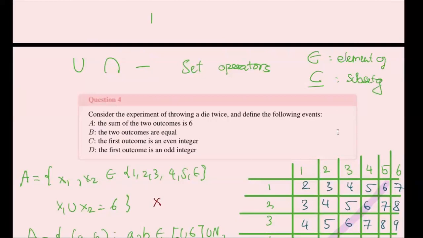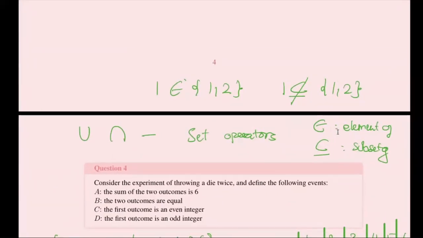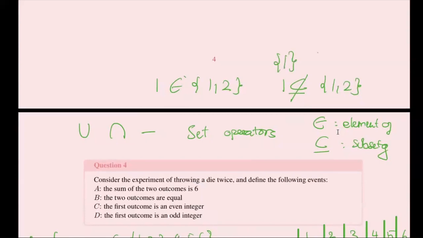For example, you see that 1 is an element of the set 1, 2, because in this set, you see an element 1. However, you don't say that 1 is a subset of 1, 2, because in order to be a subset, it first has to be a set. So what you can write is that the set of 1 is a subset of 1, 2. But 1 is an element of 1, 2.